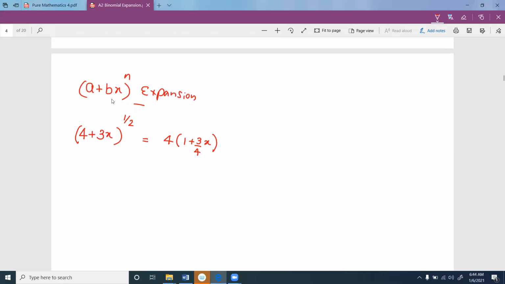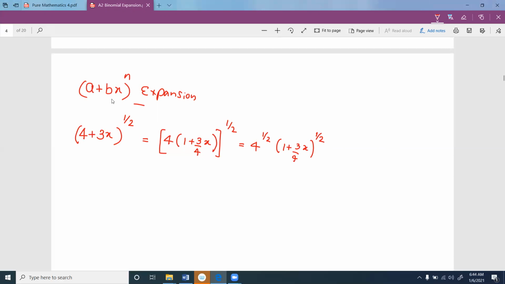So 4 into 1 is 4, and 4 into 3 over 4 is 3, to the power half. Then you can write this as 4 to the power half and 1 plus 3 over 4 x to the power half.